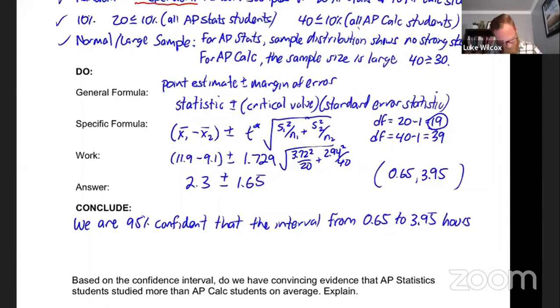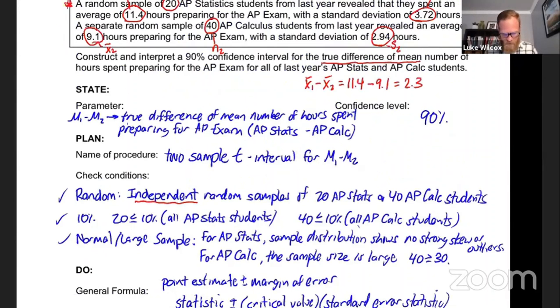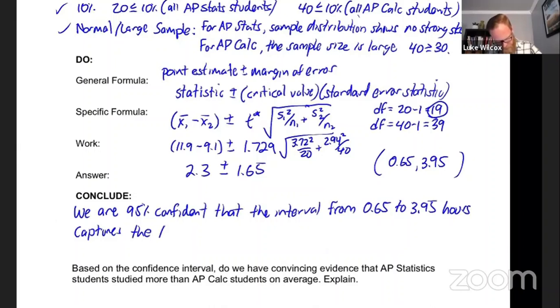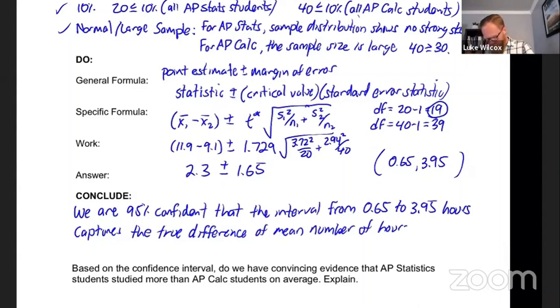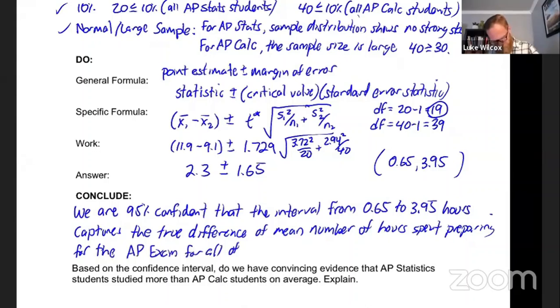And we're going to say captures the, and now we're just going to go back to the wording of the question, and word for word, we're trying to capture the true difference of mean number of hours spent preparing for the AP exam for all of last year's AP Stats and AP Calc students.